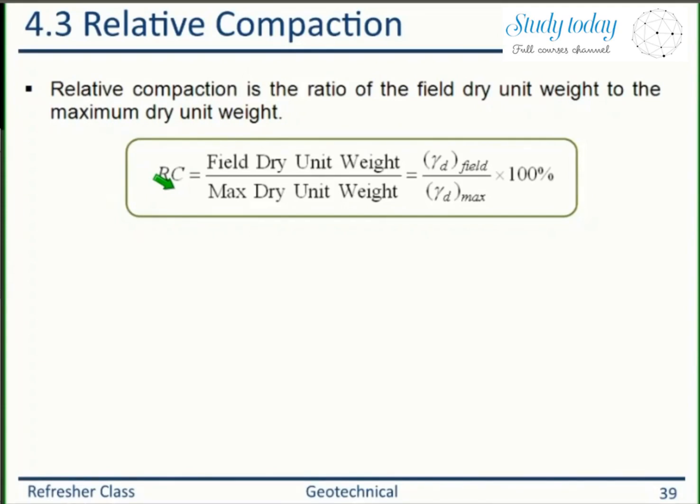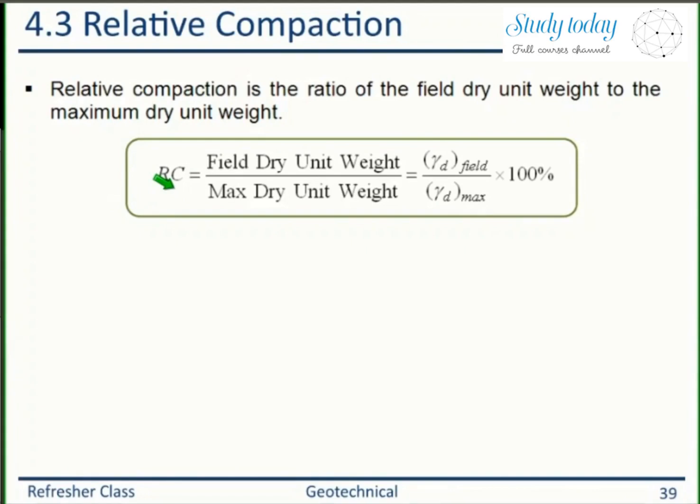Yes, what is the quick question? How does sand give us the dry density of the soil? Even if the sand is not dry, you can calculate gamma D, because you can calculate the total unit weight of the soil or sand.